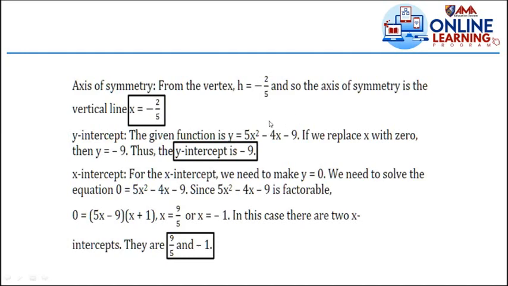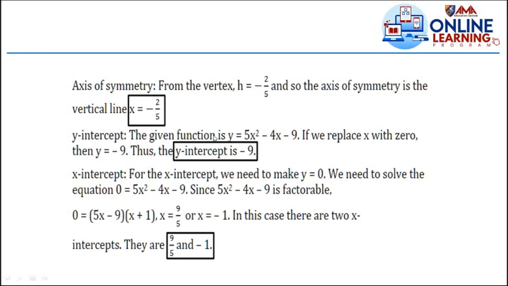From the vertex, h is equal to -2 all over 5. And so, the axis of symmetry is the vertical line, x is equal to -2 all over 5. Okay? The value of our h, at the same time, that is your x is equal to -2 all over 5. That is now the axis of symmetry. Next, we have the y-intercept.